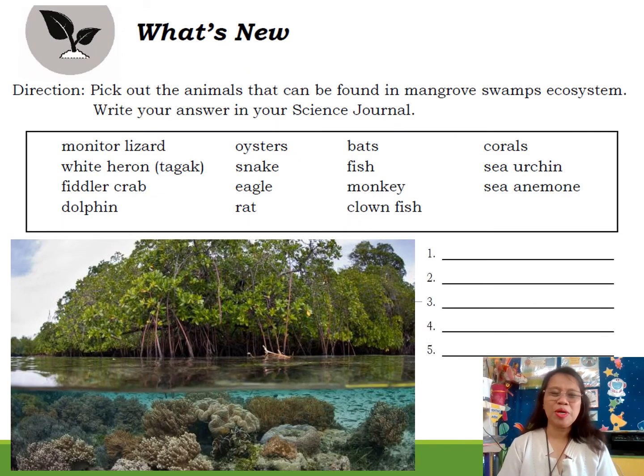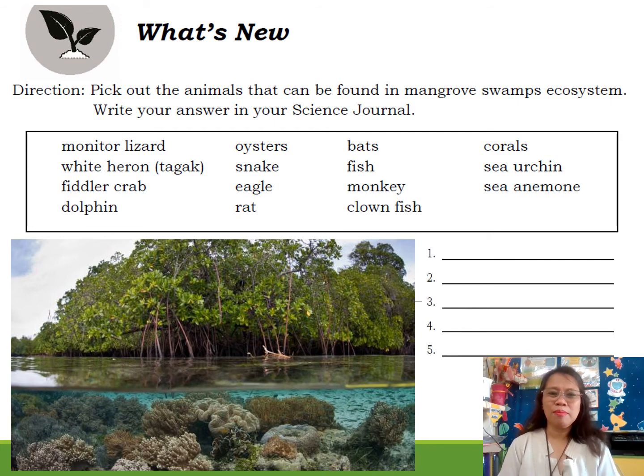Okay, what's new? Pick up the animals that can be found in mangrove swamp ecosystem. Write your answer on your activity or your answer sheets. Which of these can be found in the mangrove ecosystem? You're going to list 5.